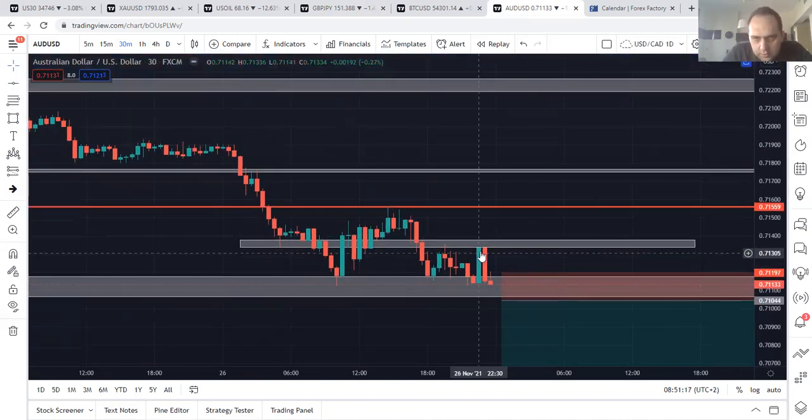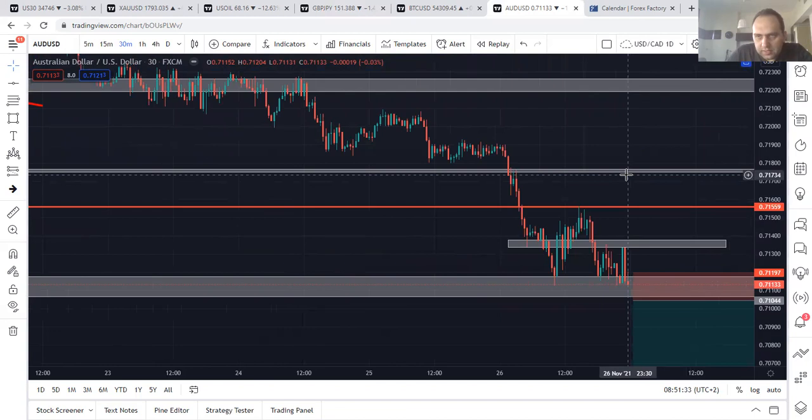Okay, so if it breaks 0.7138, 48 is our fourth target. It's 10 pips. It will be nice. Okay, and then TP2 will be 7160, TP3 no, TP2 will be 7165, TP3 will be 7189, and TP4 7210.